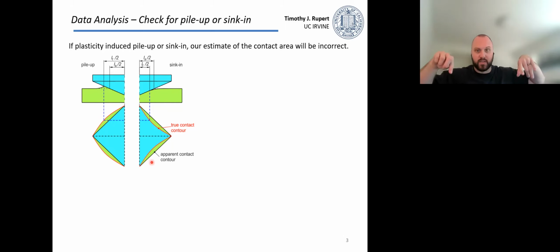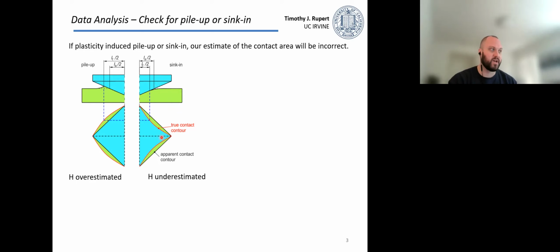The alternative situation can happen too, where the material sinks in. In this case, it's shown here. The material kind of sucks in and it's not contacting near the edges like you think it is, and your true contact area is less than what you imagine it to be.